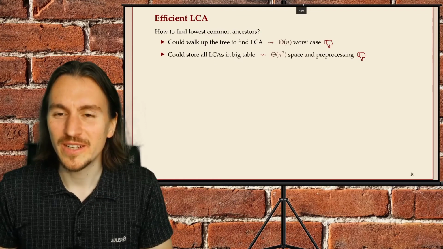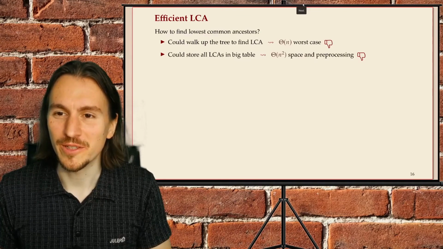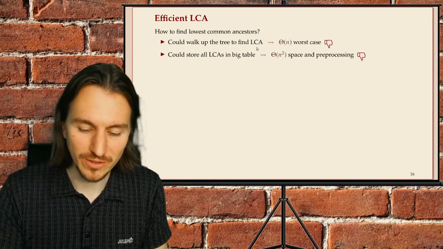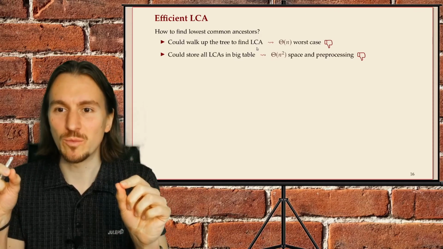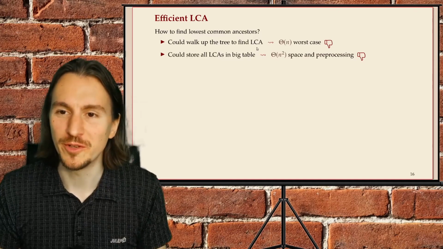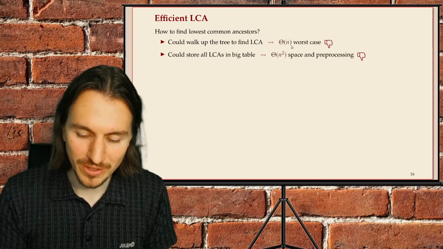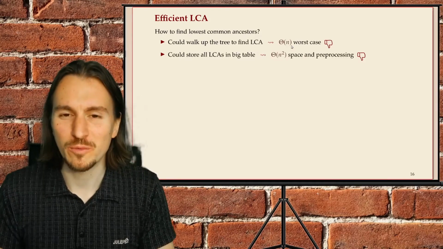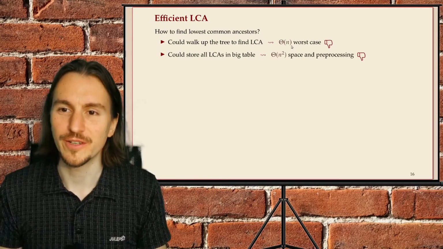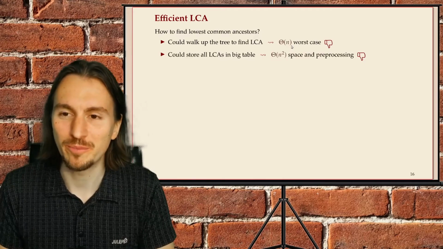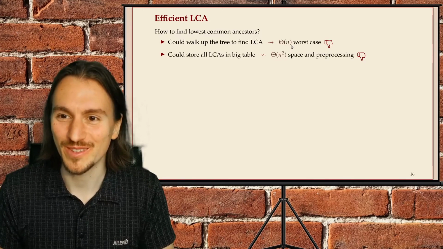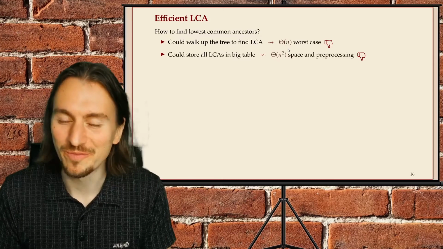How can we answer these LCE queries? We could do simple things. We could start at the leaves and walk up the tree until we find a common node. That is possible, but it can be slow. In the worst case, you have to walk through the entire tree, and there's no bound on the height of a suffix tree better than linear.